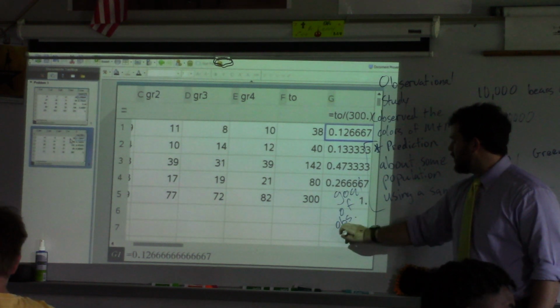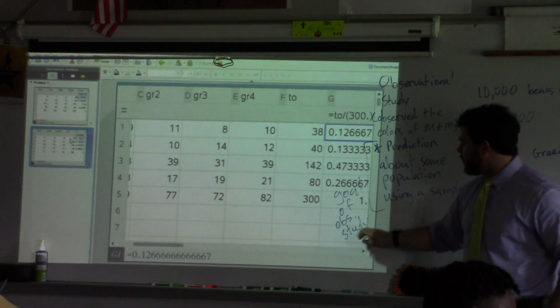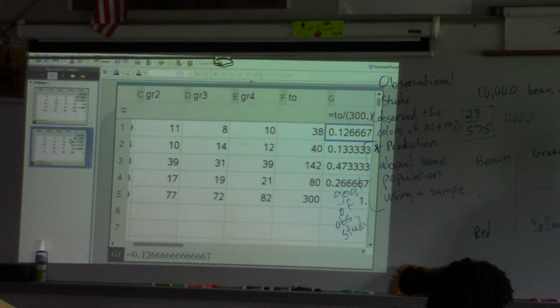Whenever you're doing an observational study, you're trying to make a prediction about some population using a sample. However, was our first sample representative of what colors we actually see?